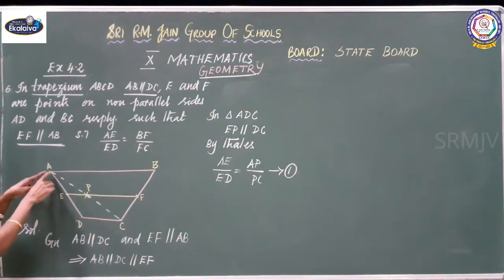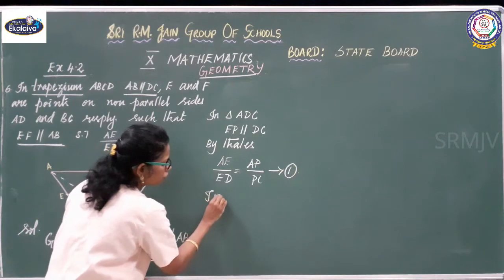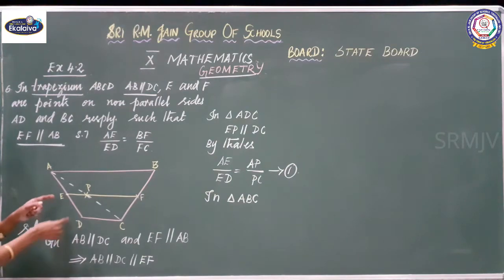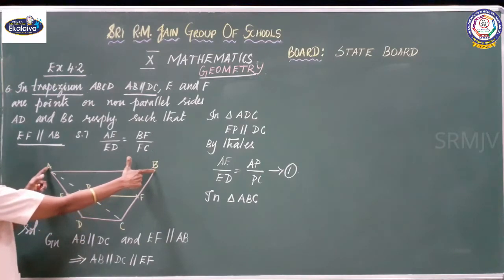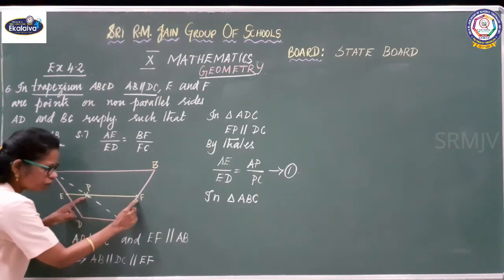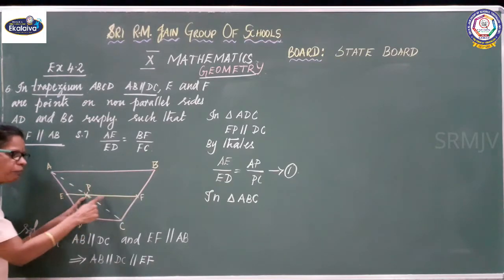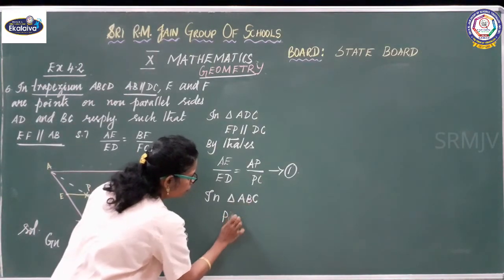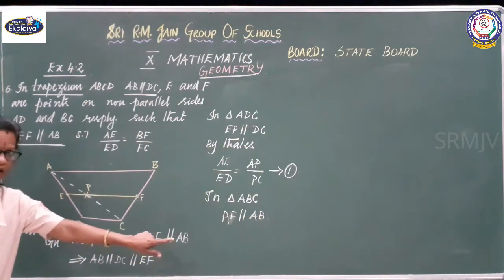Next, in triangle ABC, again the same. EF is parallel to AB, it is given to you. Then PF is parallel to what? PF is parallel to AB. EF is parallel to AB means definitely PF is also parallel to AB. How are you saying PF is parallel to AB, children?